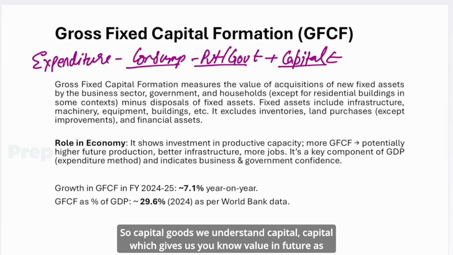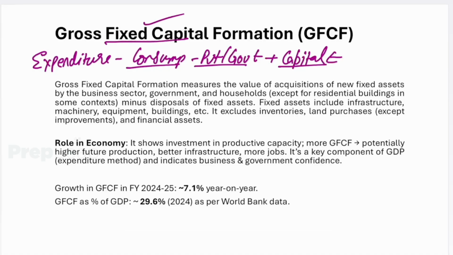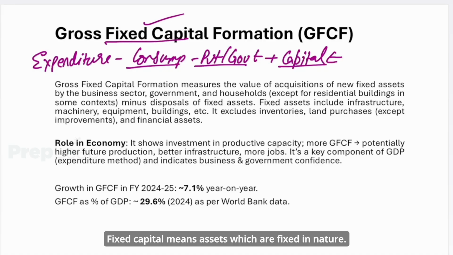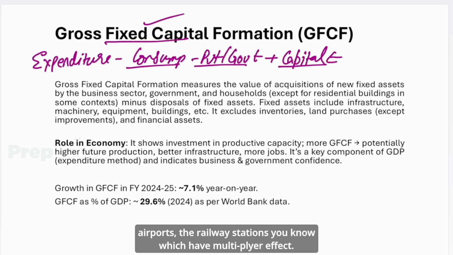So capital goods, we understand capital. Capital which gives us value in future as well. So gross fixed capital, and what is fixed capital? Fixed capital means assets which are fixed in nature. So it could be the buildings, the bridges, the transport infrastructure, the airports, the railway stations, which have a multiplier effect.